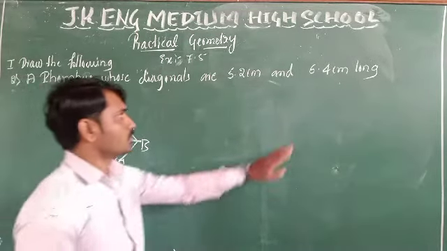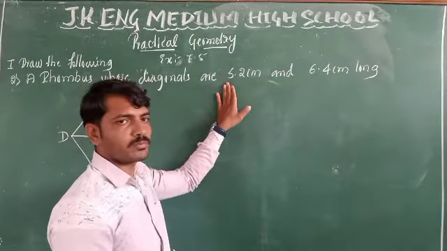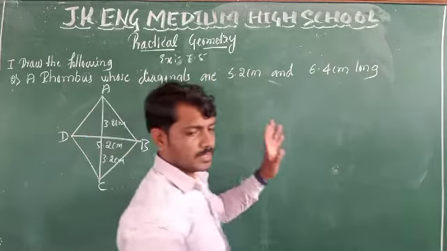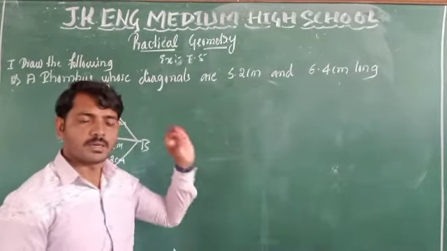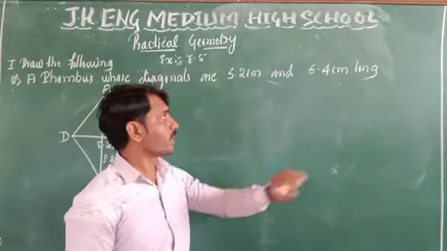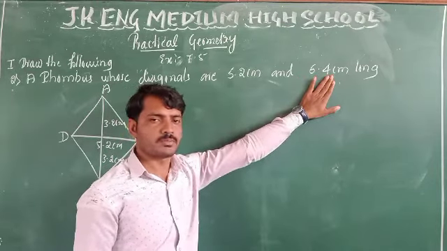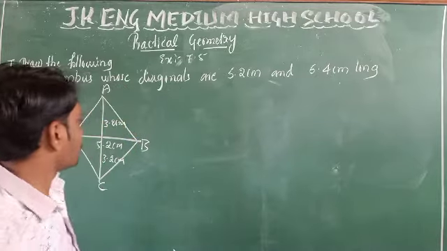So only do the half of 6.4. So don't take it 5.1, because the half of the 5 is 2.5, which means a decimal will come. That's why 6.4 is one of the even numbers, and we will get perfect decimal points. Like half of the 6 is 3, half of the 4 is 2. Means 3.2.